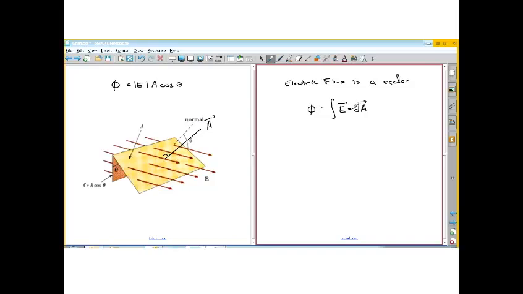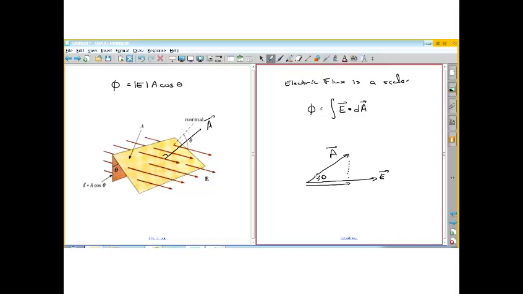And you get here. What the dot product represents is, if you have a vector like this, let's say that's your area vector, and this is your electric field vector, this direction. The dot product represents this. This is the projection of the area vector onto the direction of the electric field vector.